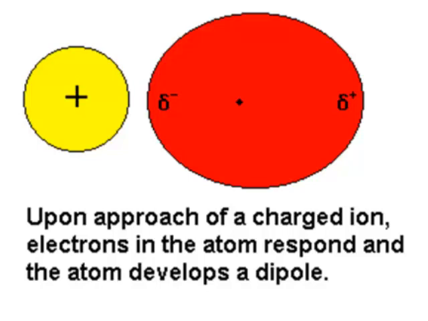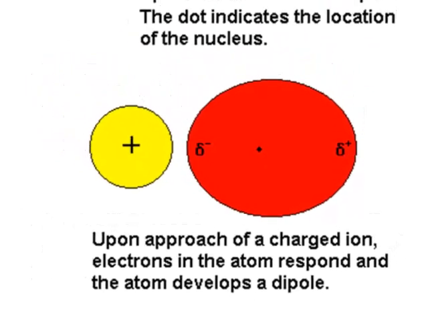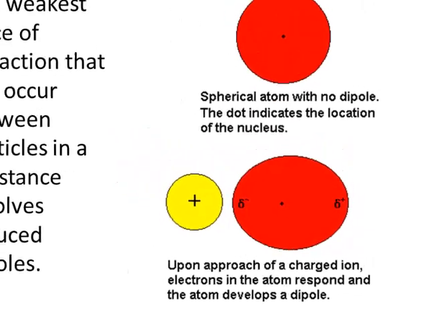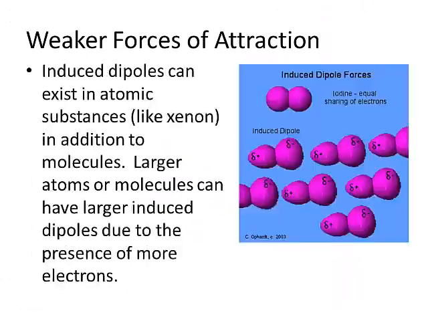But this will only exist as long as that atom is nearby that cation. If it moves away, that dipole will go away. So the cation is inducing a dipole in that atom, and it's only temporary. Induced dipoles can exist in atomic substances like xenon, such as what we saw in the previous slide, but it can also exist in molecules.